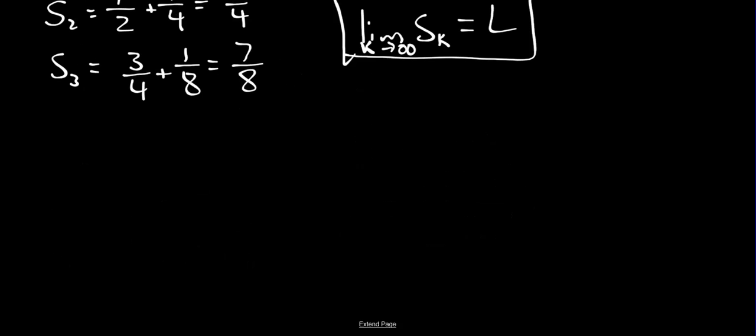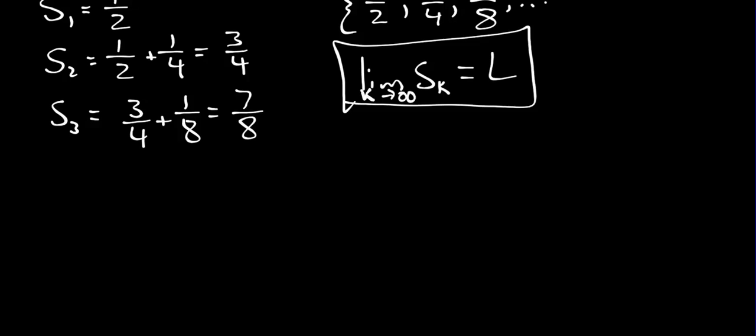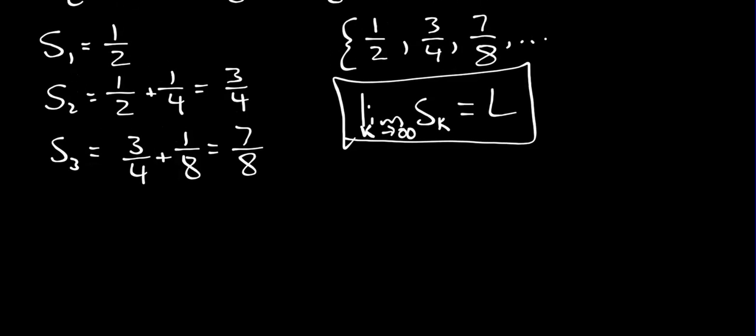Now look, we've got 1 over 2. Here we've got 3 over 4. And here we've got 1 over 2, 3 over 4, 7 over 8. So let's see if we can come up with some formula for the kth partial sum. Well, it's going to be a fraction.